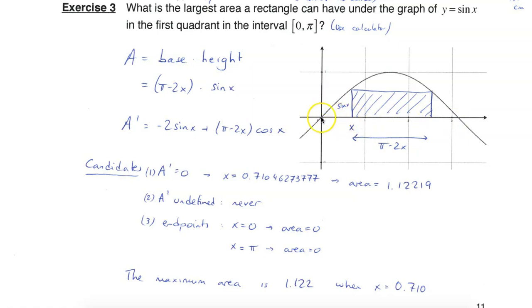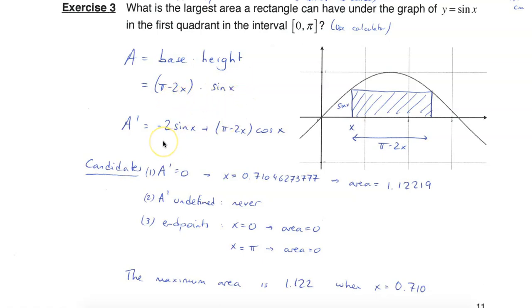There's a symmetry. This is x, therefore this is x. What is the height of the rectangle is also something students don't find very obvious, but the height at x is just a y value, so it's sine x. And therefore the area is base times height, so pi minus 2x times sine x.